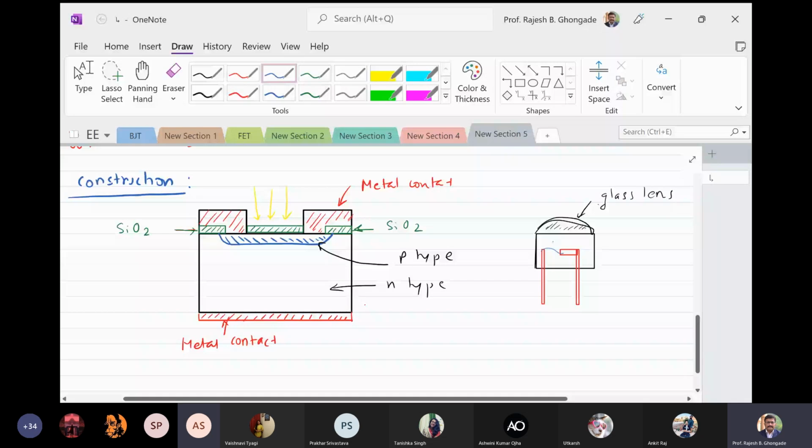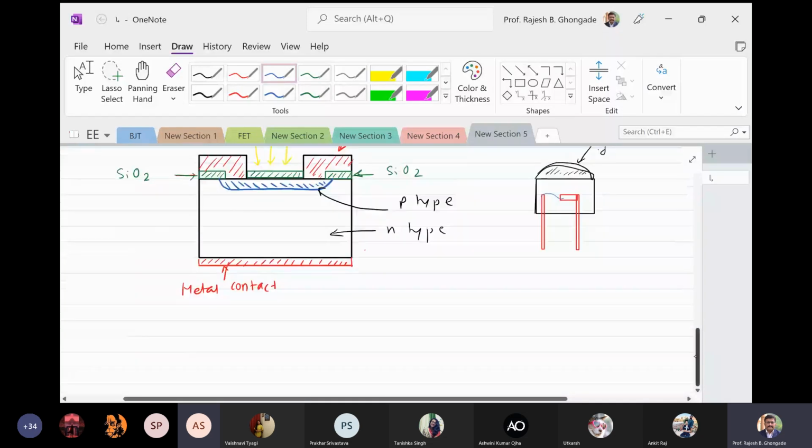So this is how it is fabricated. Okay. So what we have here, a thin, heavily doped p-type layer is situated at the top where it is exposed to the incident light.